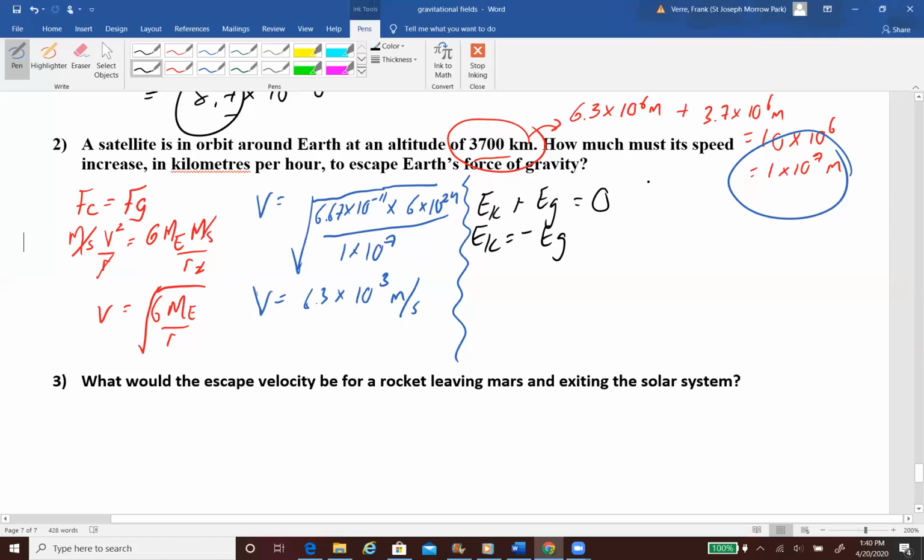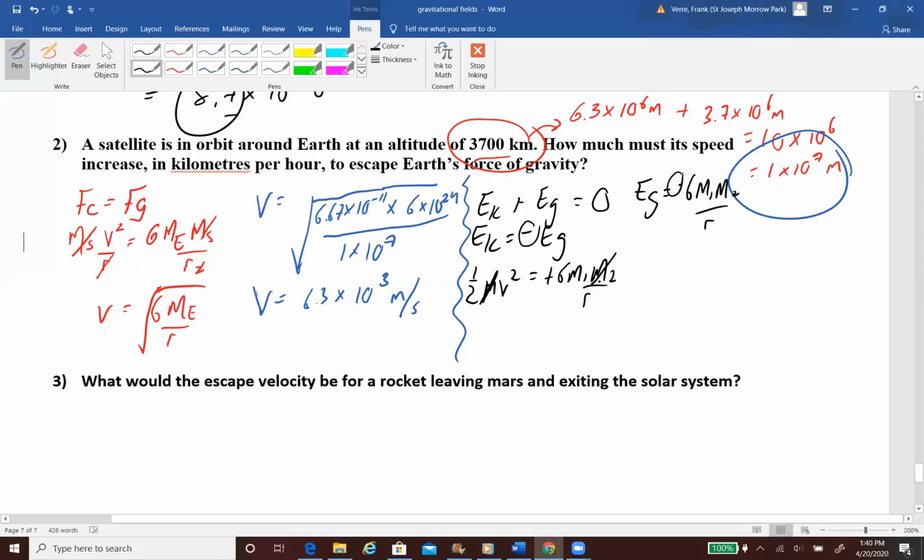And if you remember from the previous lesson, EG is negative G M1 M2 over R. So we can then say 1/2 mv squared is equal to, well, negative of a negative gives you positive, G M1 M2 over R. The small m is going to cancel out, because obviously one of these is the mass of the planet, the other one's the mass of the satellite.